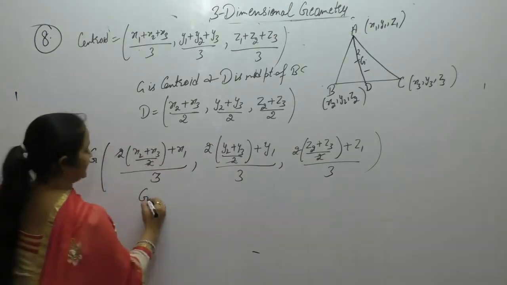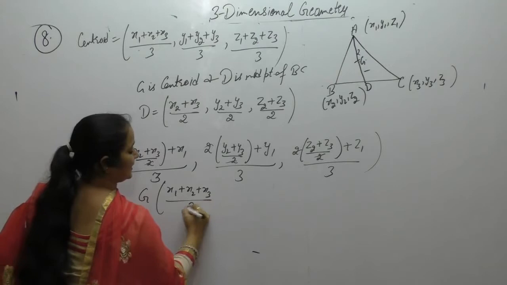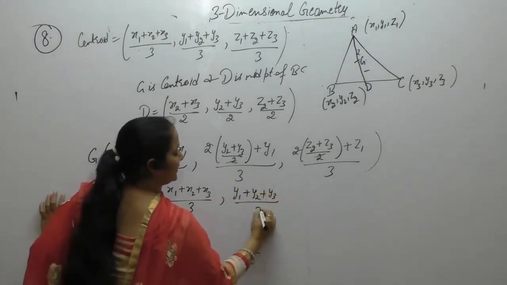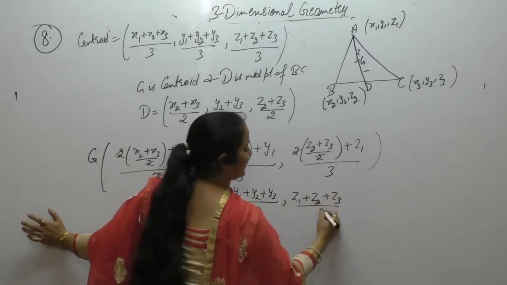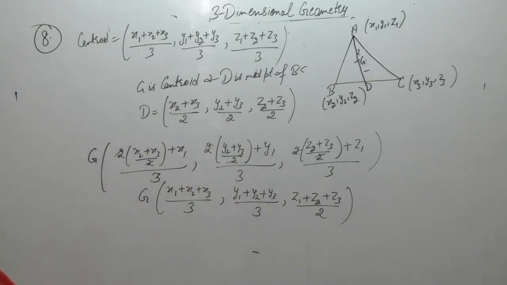So what we get? G as x1 plus x2 plus x3 by 3, y1 plus y2 plus y3 by 3, z1 plus z2 plus z3 by 3. So this is the centroid of triangle.